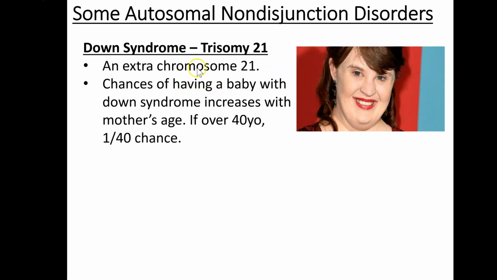People with Down syndrome have that extra chromosome, and they all share very similar physical attributes. The chances of having a baby with Down syndrome increase with the mother's age. For example, if you get pregnant over the age of 40, you have a 1 in 40 chance of this non-disjunction problem happening and having a child with Down syndrome.